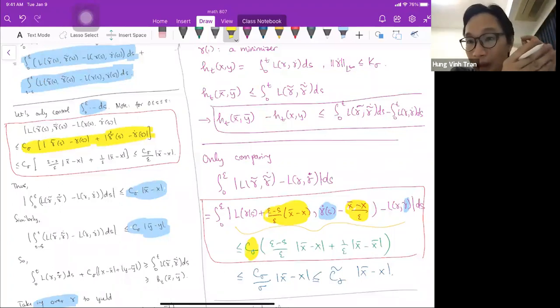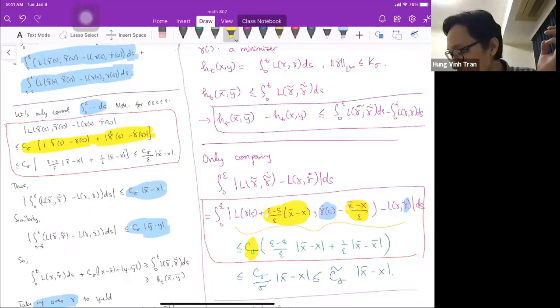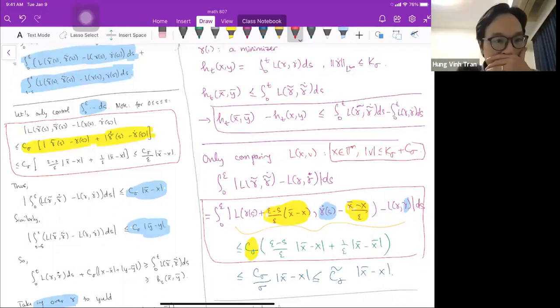So we are only dealing with L(x,v) for x in the torus and v bounded by something like k_sigma plus a constant in sigma. In that compact domain, we have the global Lipschitz property, so we can bound everything nicely, and that's why it's important. Does that make sense? Yeah, thank you.